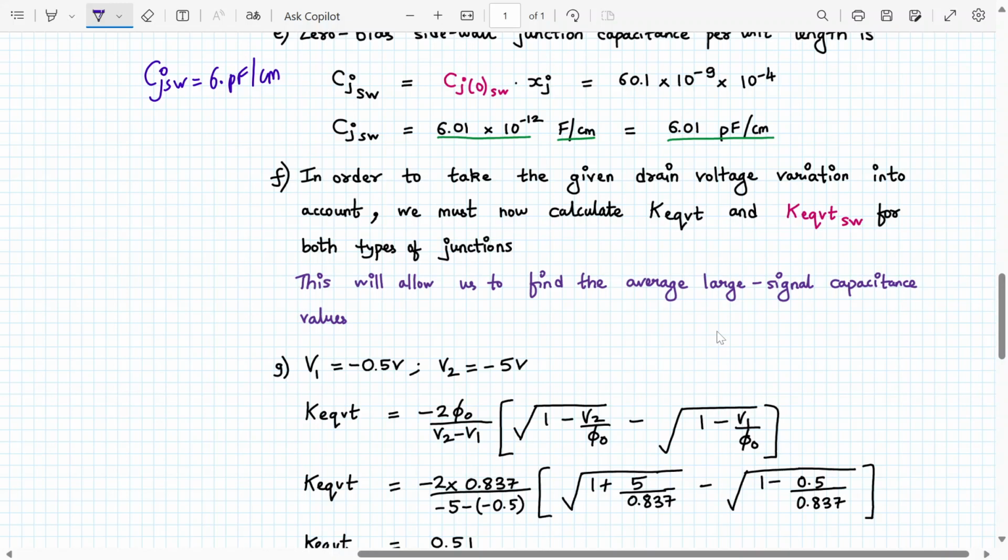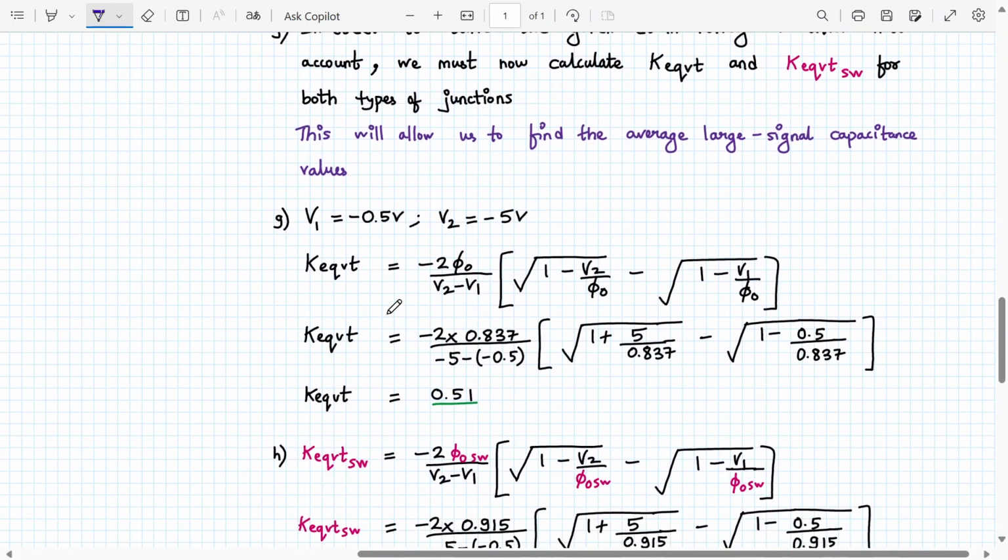Now in order to take the given drain voltage variation into account, we must now calculate K equivalent and K equivalent sidewall for both the types of junction. So this will allow the voltage to go from, it's a negative voltage, right? So it will go from minus 0.5 to minus 5. So you need to calculate K equivalent, where V1 is minus 0.5 and V2 is minus 5.